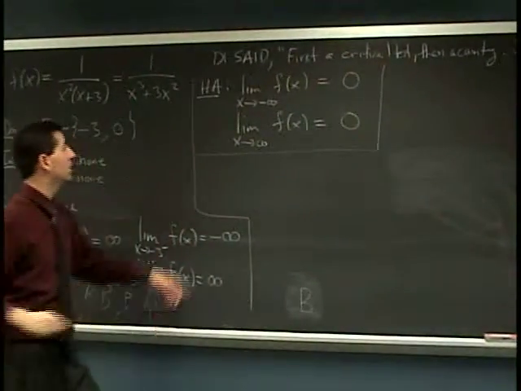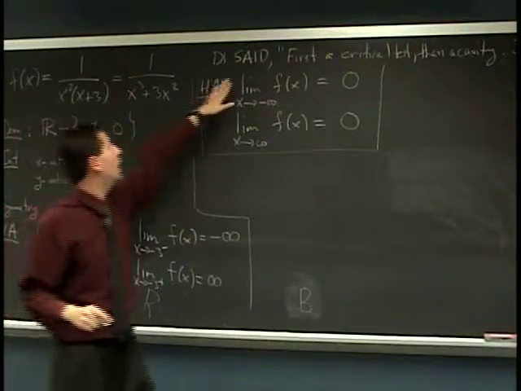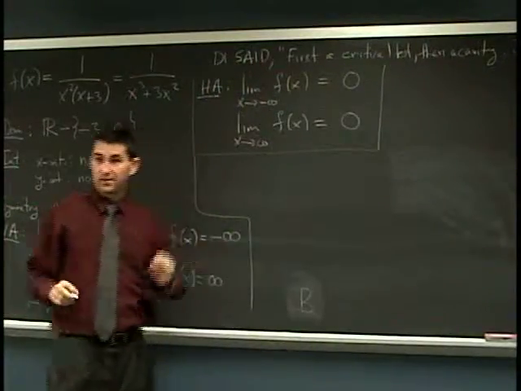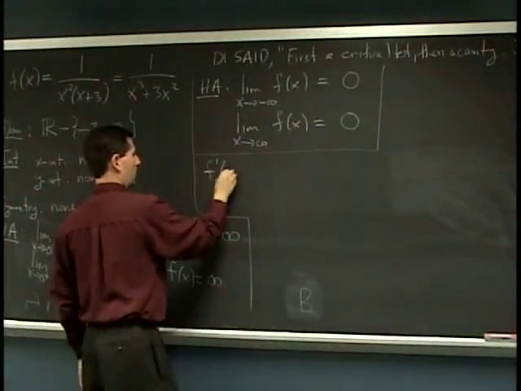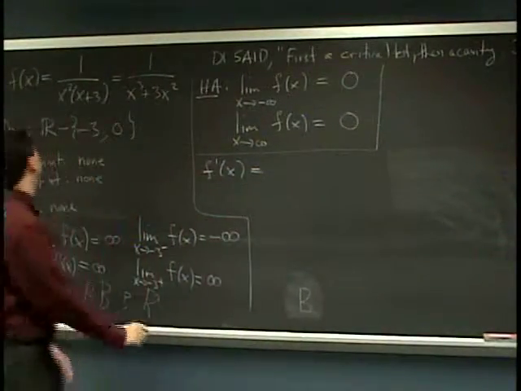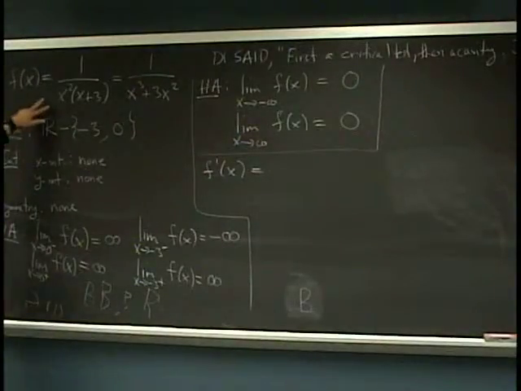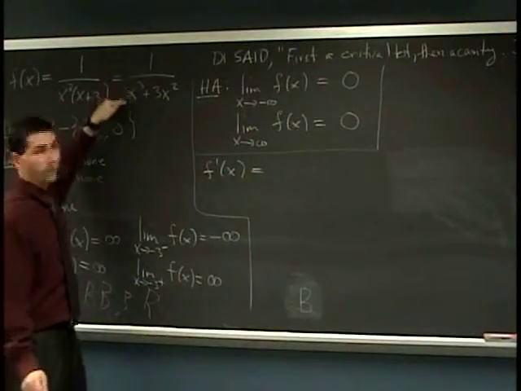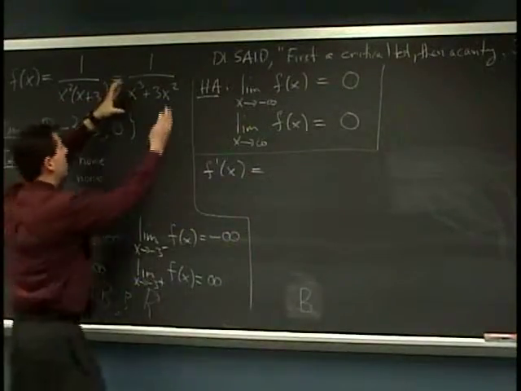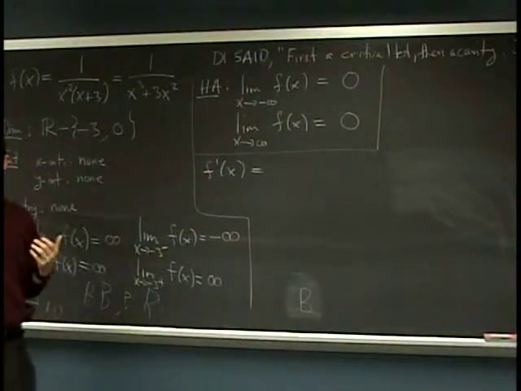Okay, so what's next? We have our asymptotes. Where are we at? The increasing/decreasing test. So we need to take a derivative. For the derivative of our function, we could use the quotient rule, or we could just notice this is 1 over something, so it's really just the bottom term to the minus 1.